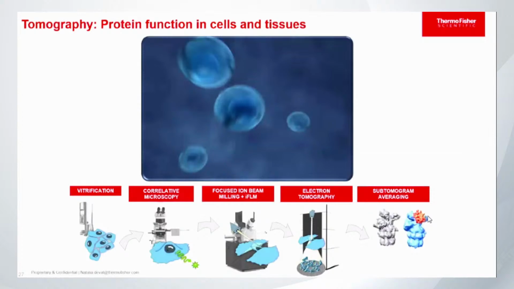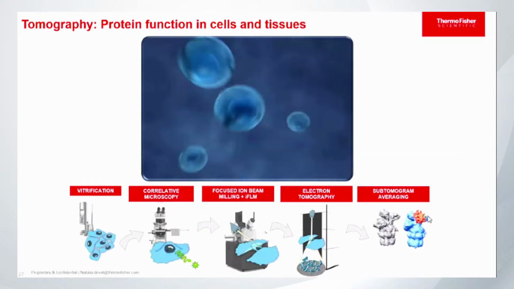So the first thing you need to do is create the lamellas. You need to add into your pipeline another instrument, the cryo-FIB-SEM, where you use the focused ion beam to mill the material you don't care about, and the SEM, the scanning electron microscope, to image those areas, okay?